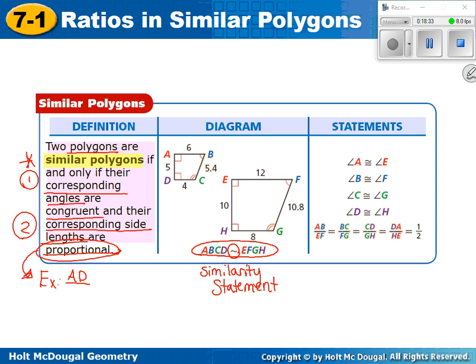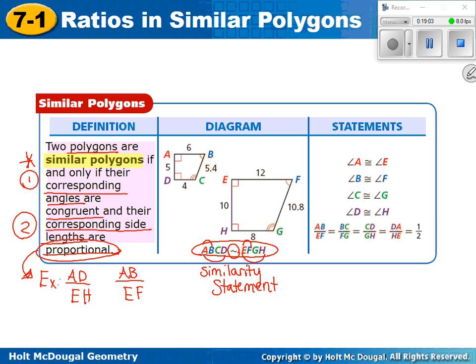You can use the statement to match up your sides, or if you can tell by the angle measures, that's fine too. But this is always your go-to. We know that AD is going to match up with EH. Okay, so I'm going to compare these two corresponding sides to another two corresponding sides. So let's say AB. What is AB going to match up with? AB matches up with EF.